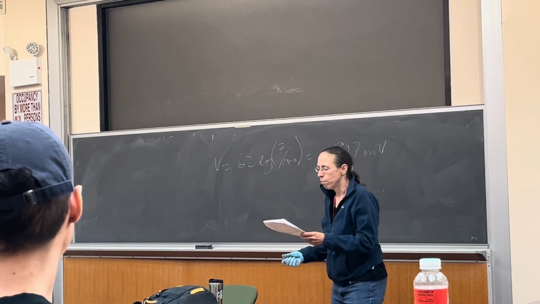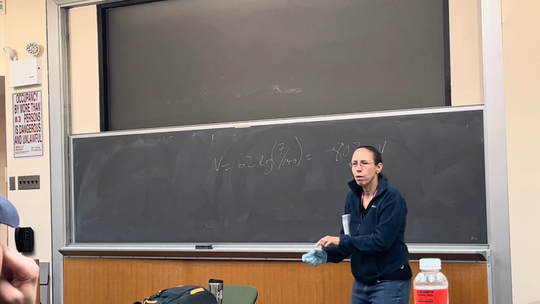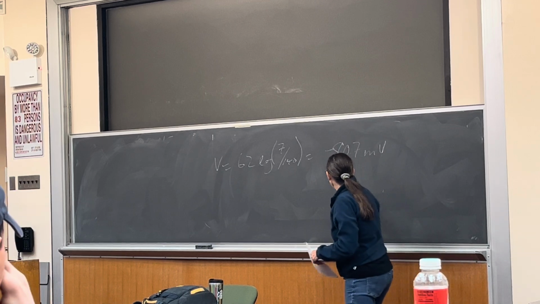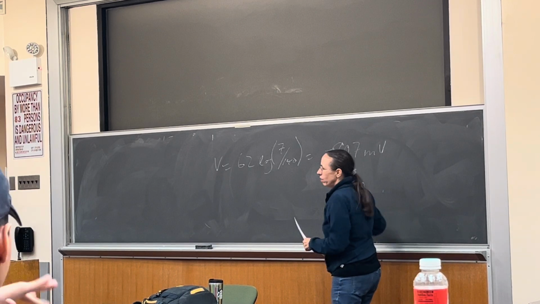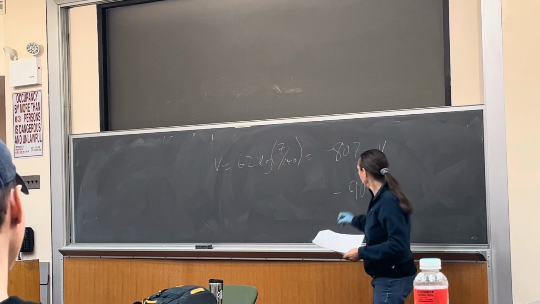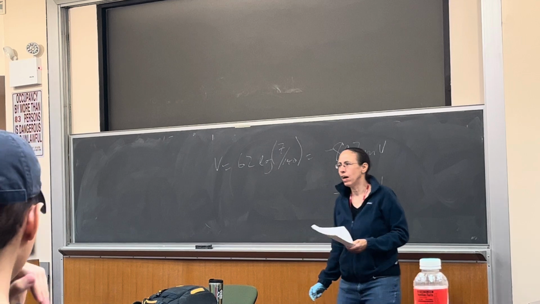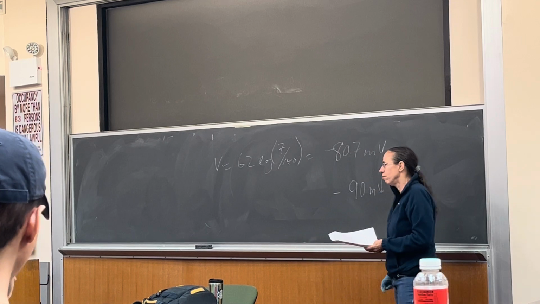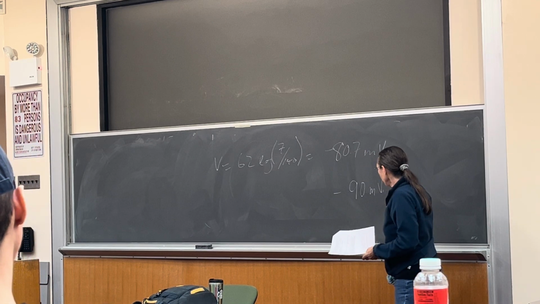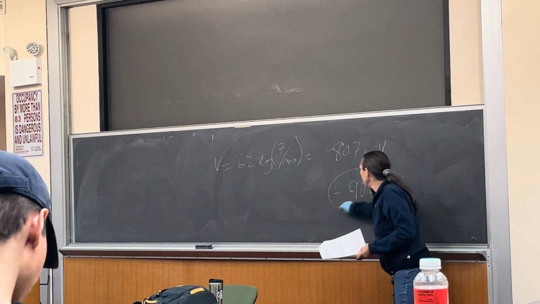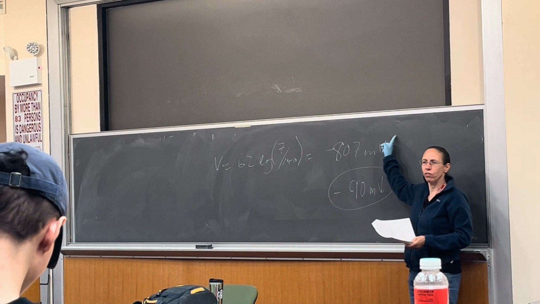So normally what is the resting membrane potential? Negative 90, between negative 90 and negative 95, even close to negative 100. This is normal.